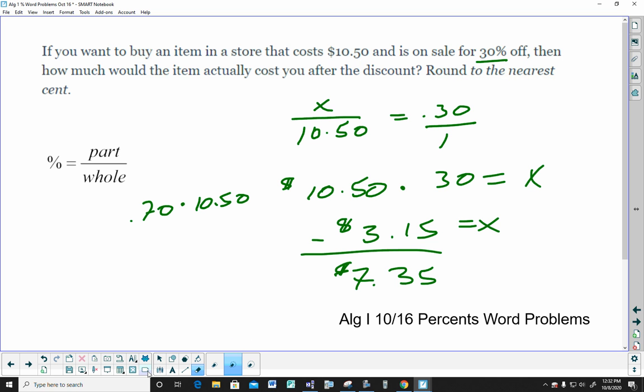Multiplying by 0.3 is giving you how much is reduced by. If it's reduced by 30%, isn't 70% still there? And if you multiply this, you jump straight to the answer rather than having to do the subtraction.